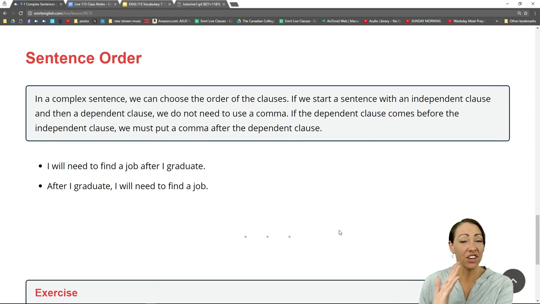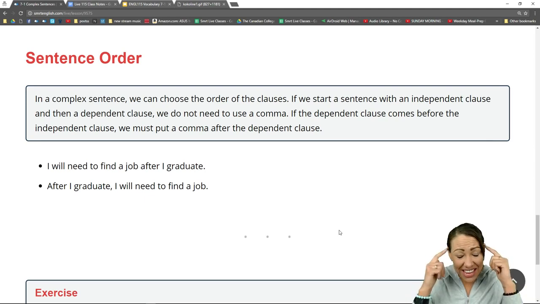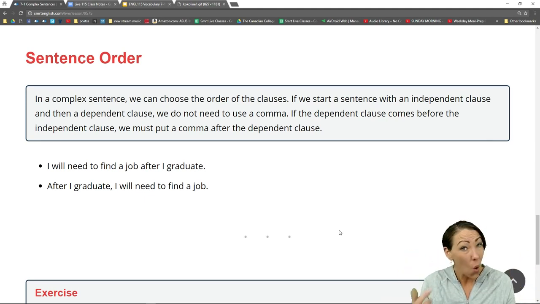But if we start with a dependent clause, so the dependent clause comes before the independent clause, then we must put a comma after the dependent clause. Let's look at our example. Notice that both of these sentences say the exact same thing, getting the same point across. They just say it a little bit differently.